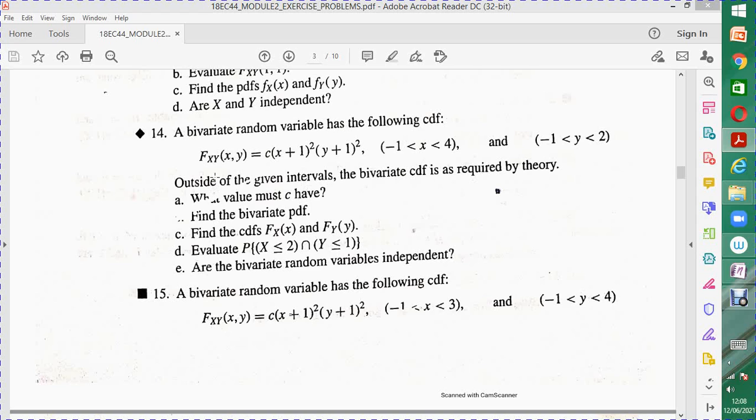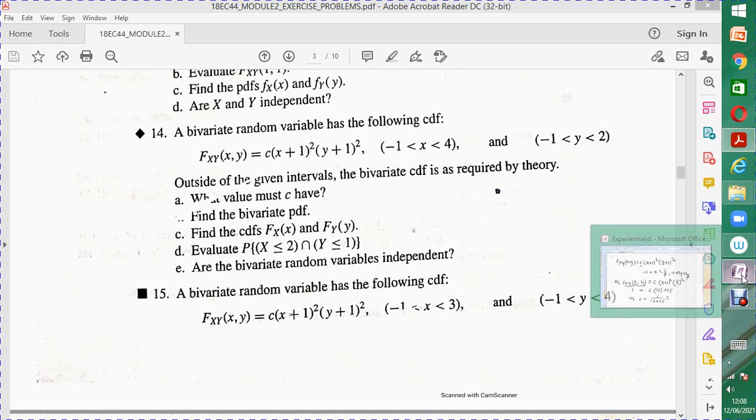Given this CDF, we are asked to calculate the value of c, the bivariate PDF, the CDFs Fx(x) and Fy(y), and also to evaluate the probability for the given range, and to verify whether the random variables are independent or not.